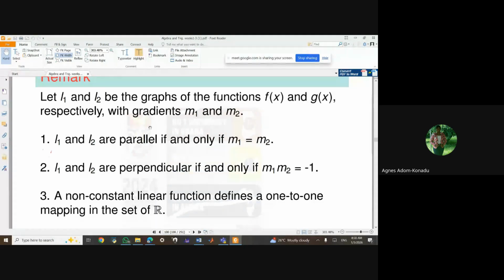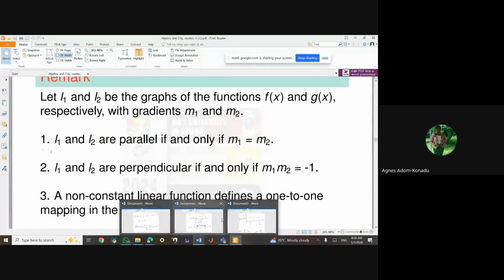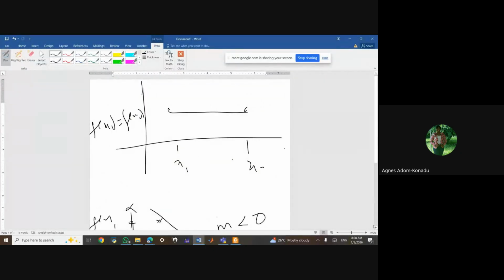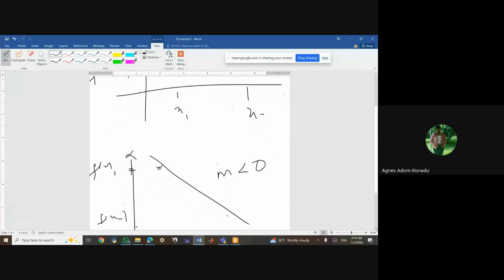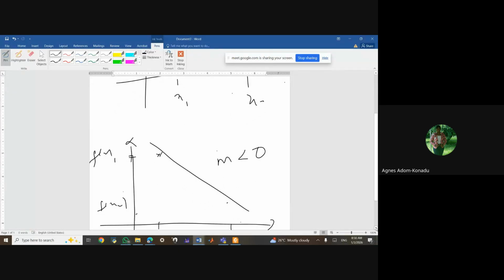The third one says that a non-constant linear function defines a one-to-one mapping in the set of real numbers. Last time we defined what a one-to-one function is. Looking at my graph, whether it's increasing or decreasing, it's one-to-one.